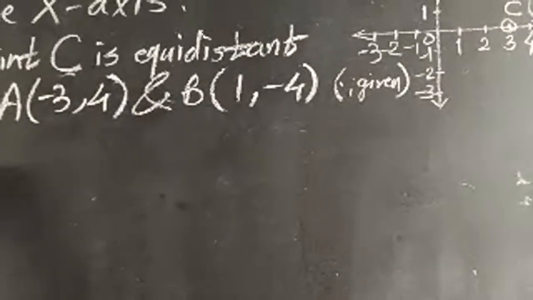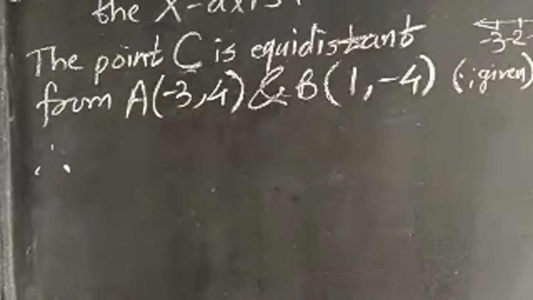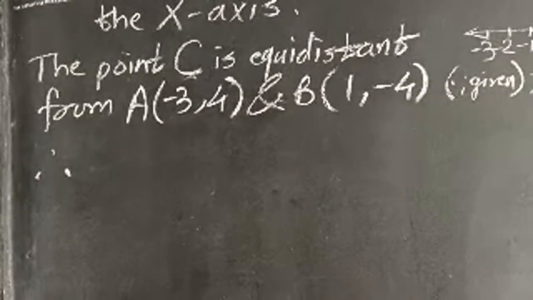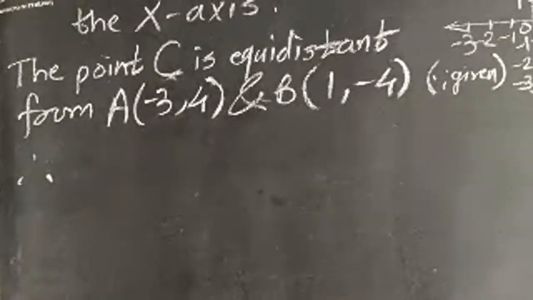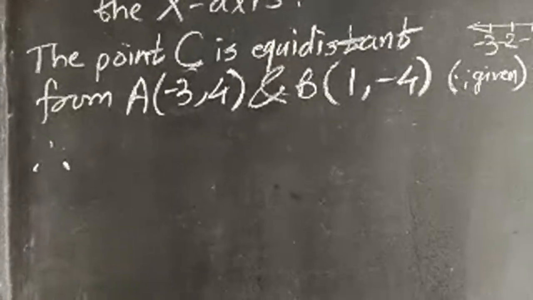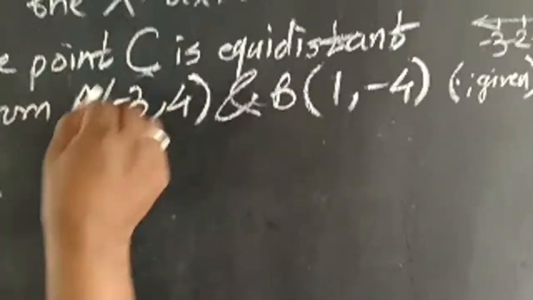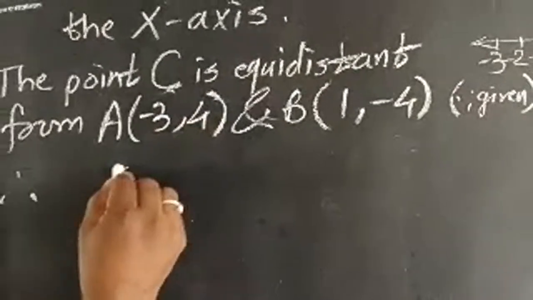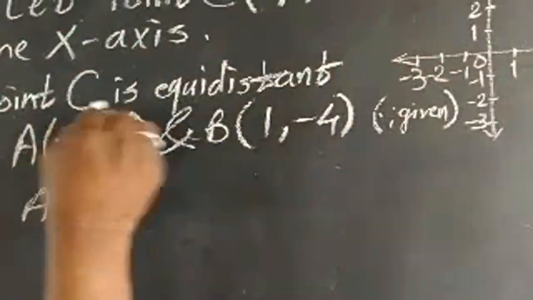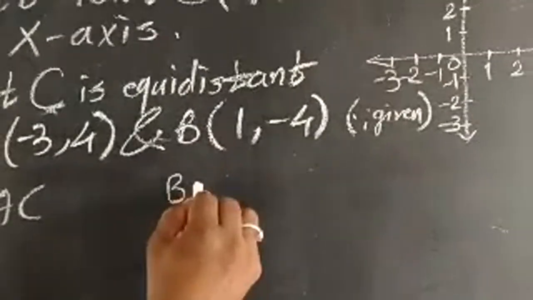Therefore, we write in sign form. Who tells the sign form? Distance AC is equal to distance BC. Good, very good answer. Distance between C and A, that is AC, and distance between B and C, that is BC.